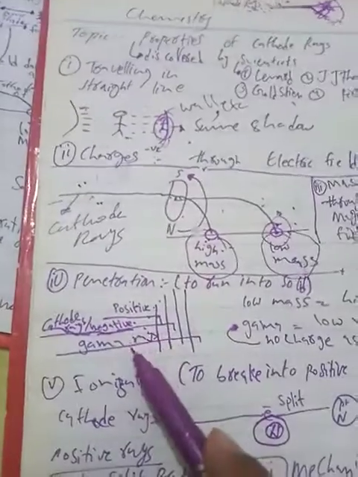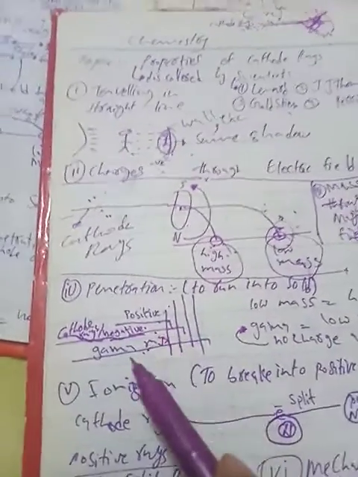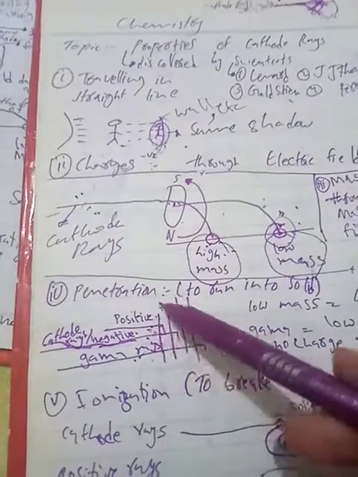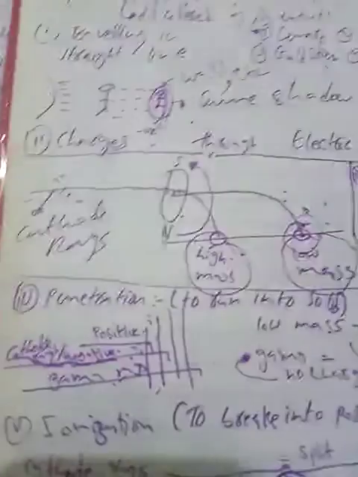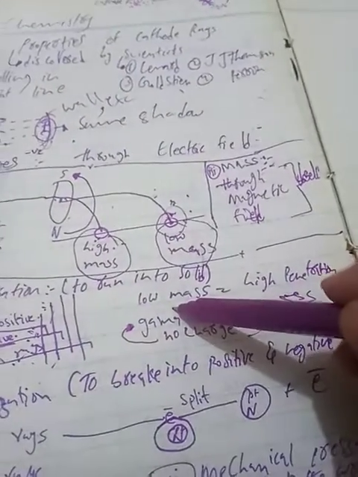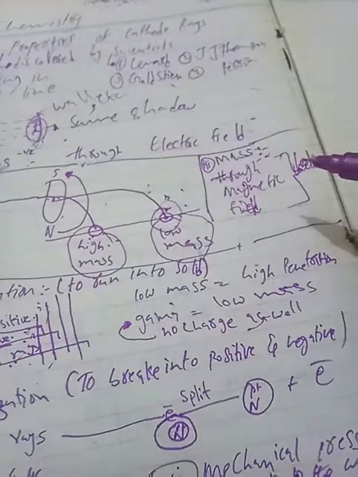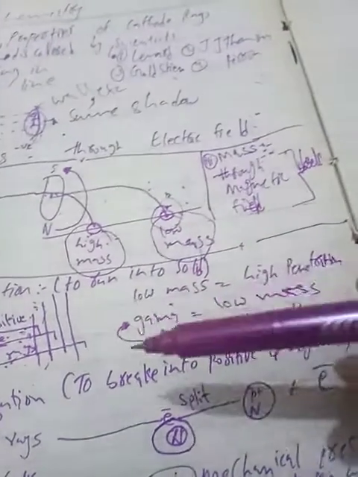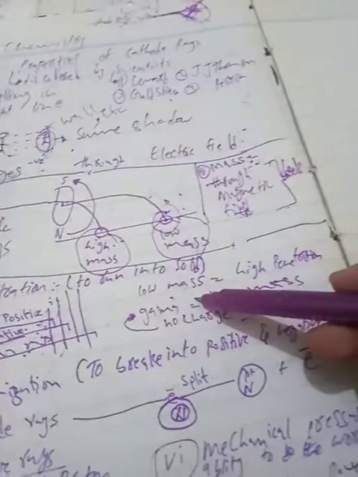And gamma rays have the highest penetration rate, higher than both positive rays and cathode rays. Gamma has low mass, and it has no charge as well. Mass is inversely proportional to penetration, and low mass means high penetration.